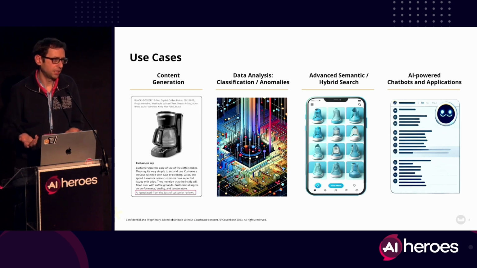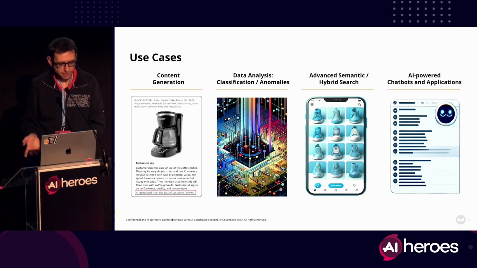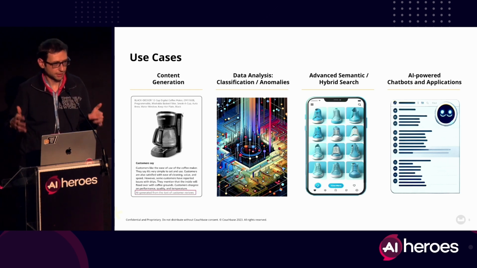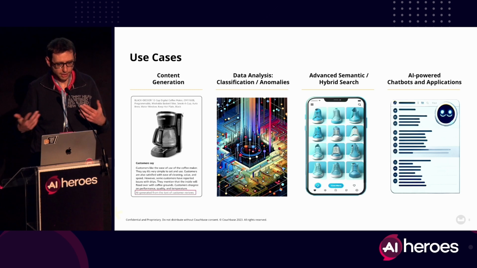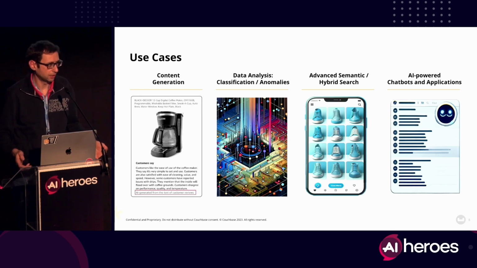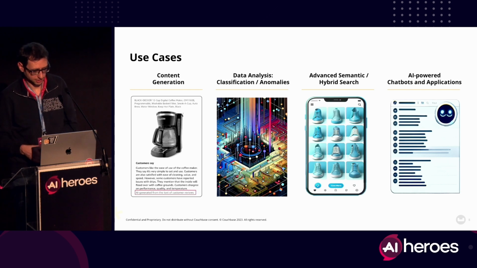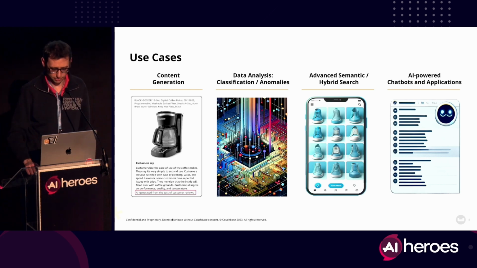You can classify images based on similarity. You can do semantic search, which is more advanced than classic text-based search. And we have seen today a lot of examples of the enhancements you can have in chatbots, leveraging this kind of technology.